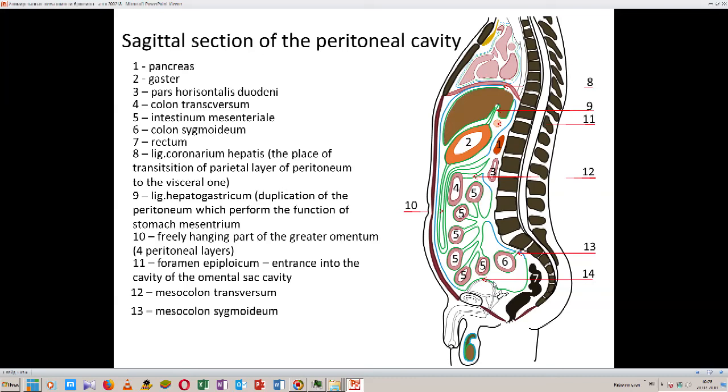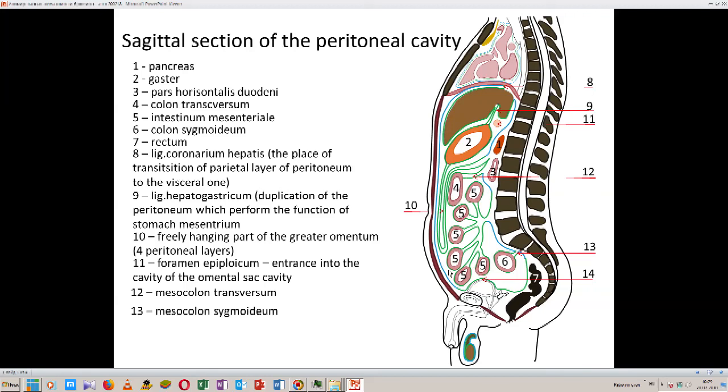That's why this sheet of peritoneum is green. It's the visceral part of peritoneum. And now we can see that inside of the abdominal cavity is placed a very narrow space of peritoneal cavity.